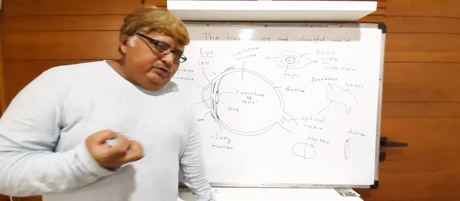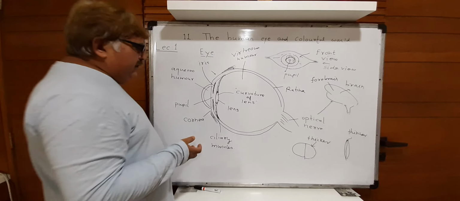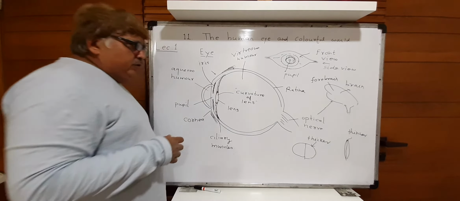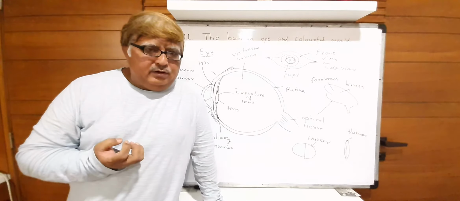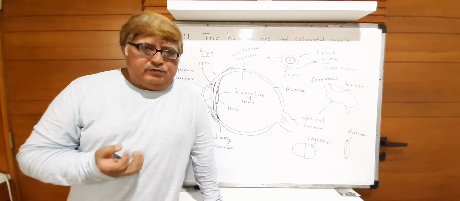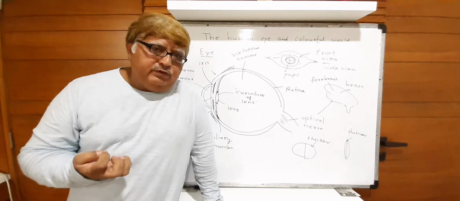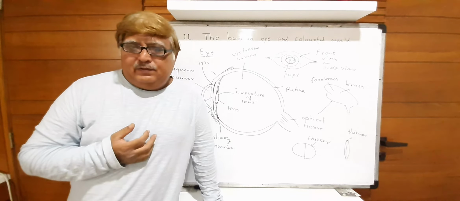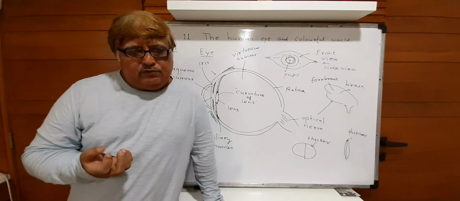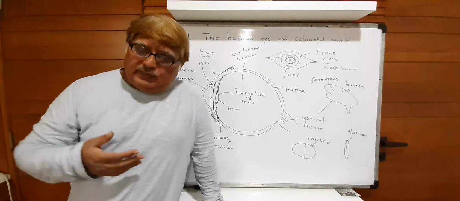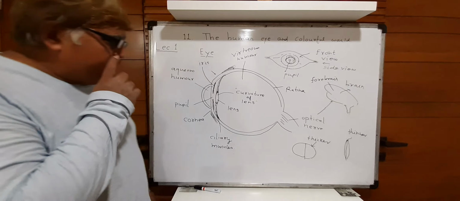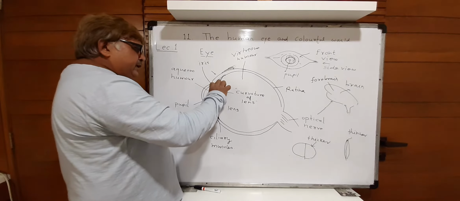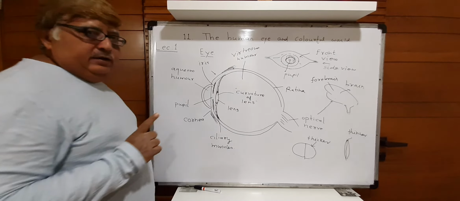And if these ciliary muscles get weaker, your power of accommodation gets a little weaker and you will suffer from some impaired vision. Either that may be nearsightedness or farsightedness. It can happen. So now, you understand the role of the ciliary muscle.